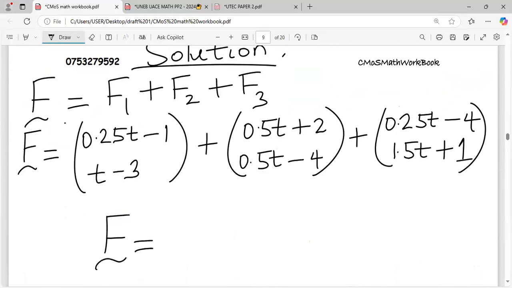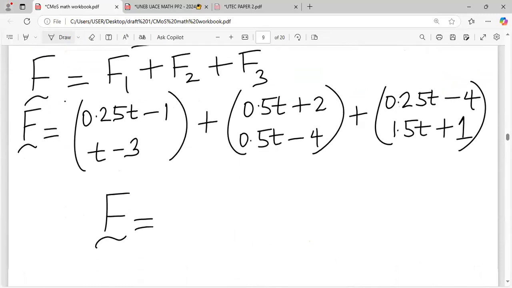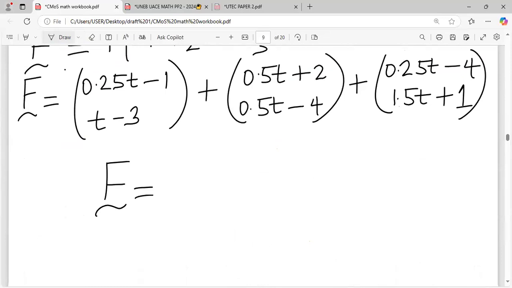Then I'll find the force. In the i component, 0.25 plus 0.5 plus 0.25, that is 1. Hope you can see that. That is 1 t, which is just t. Negative 1 plus 2, that is 1.